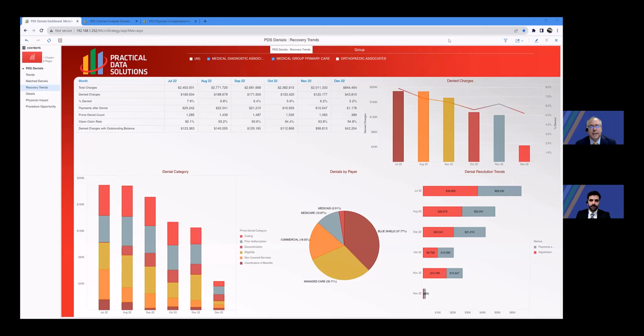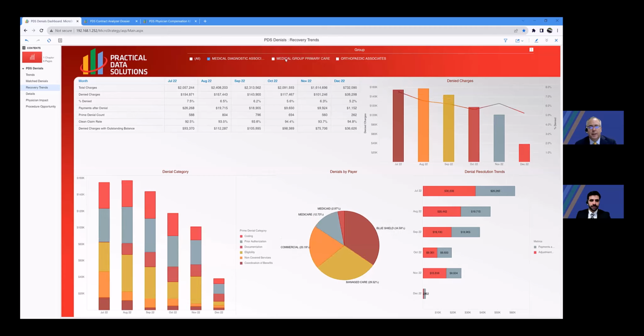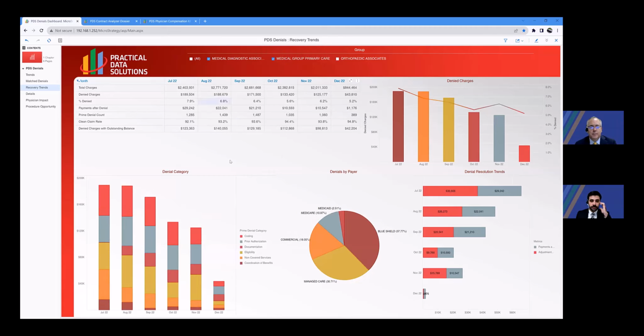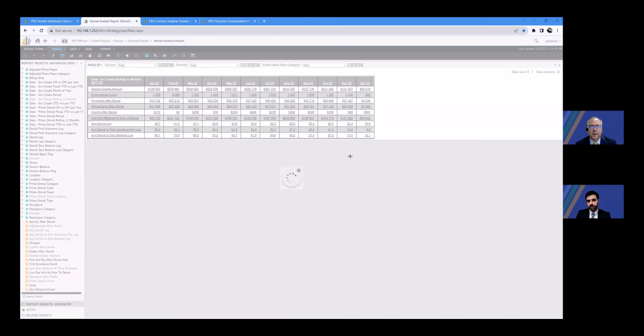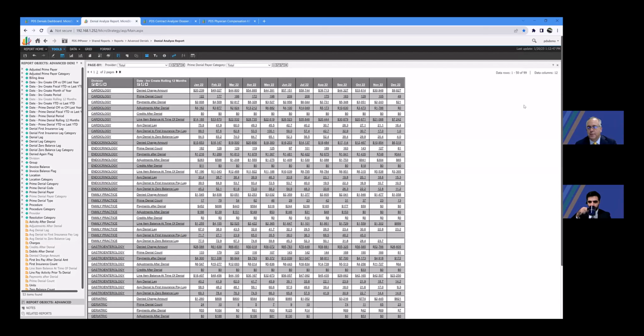From a technology stack side, what we really want is, regardless of what I'm looking at or how I'm looking at the data, if I see that we're having challenges in a particular area, having a single solution with a single source of data means I can literally click right from my visual and move into OLAP analysis, or what many of you may know as working with pivot tables or Microsoft Cubes.